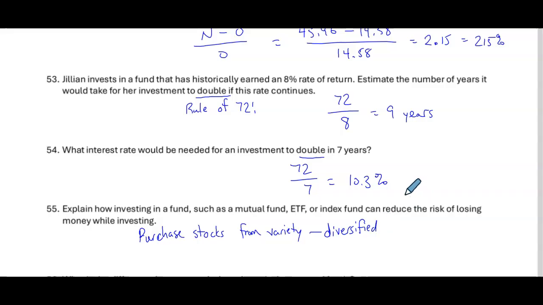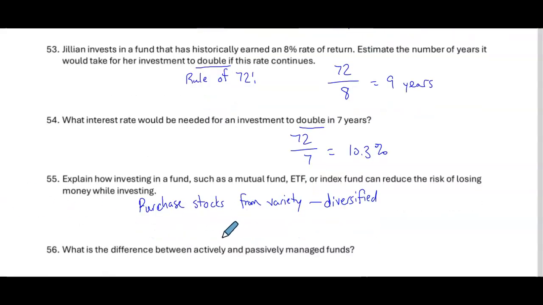When we're diversified, we don't have all of our eggs in one basket, so to speak. We don't have the risk that if one sector goes bad, then we lose everything. If we're across a variety, then they all kind of counterbalance each other.